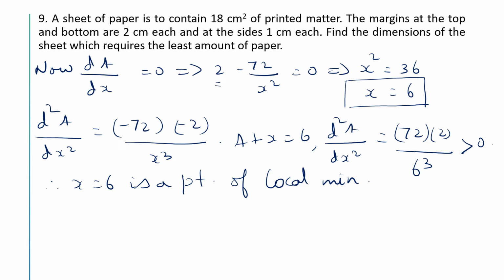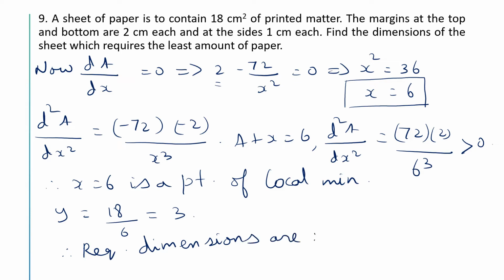Now x is equal to 6 is a point of local minima, and we have taken y as 18 by x. So y is 18 by 6, which is equal to 3. Therefore, the required dimensions will be 6 plus 4, because we have a margin of 2 centimeter in the top and bottom.